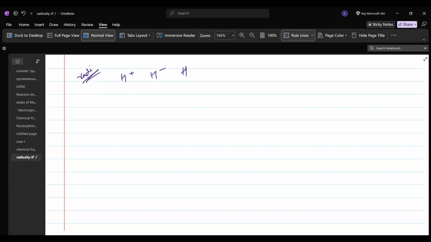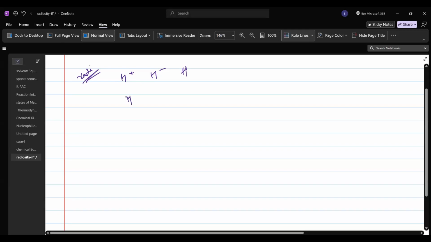The radii order. Yeah, radius order. H minus will come first. Okay, is it biggest or smallest? The smallest.